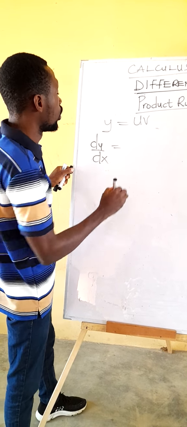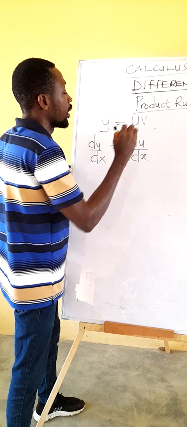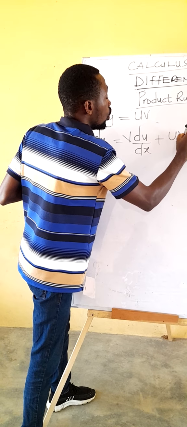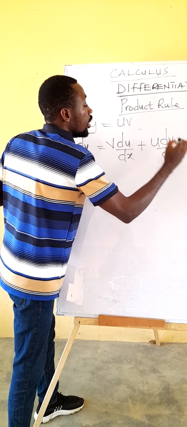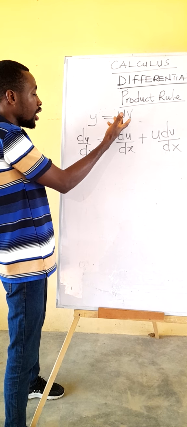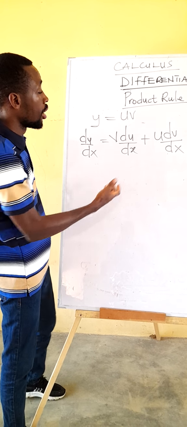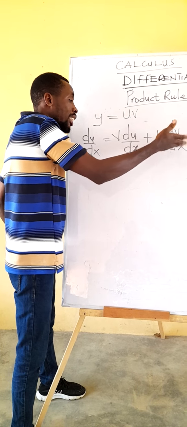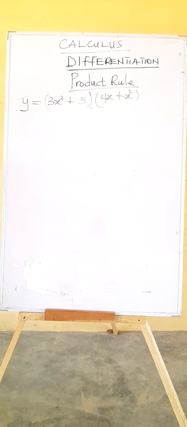And the product rule is saying that if such things happen, your dy over dx, the independent variable, will become v du over dx plus u dv over dx. That's v multiplied by the differential of u with respect to the independent variable x, plus u multiplied by the differential of v with respect to x.